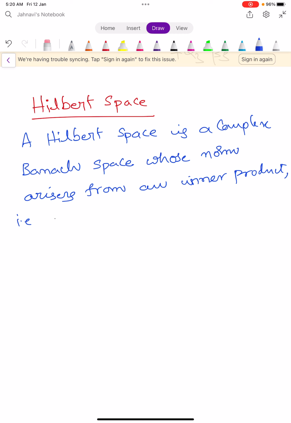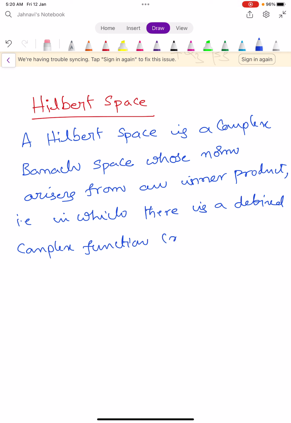that is, in which there is a defined complex function x comma y of the vectors x comma y with the following properties.